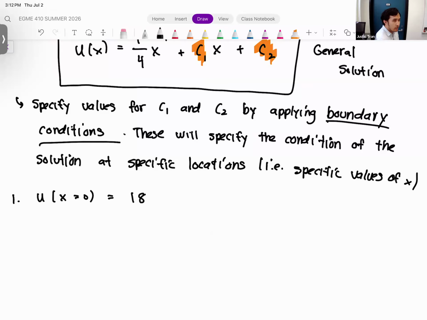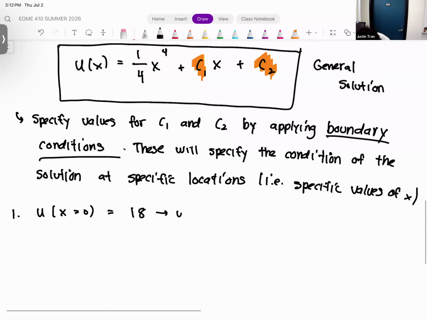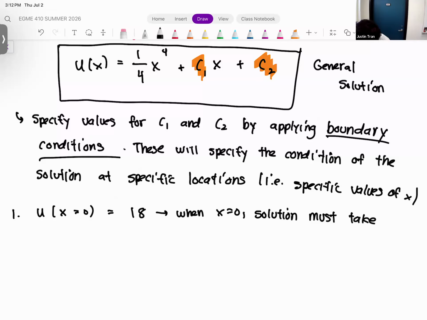In other words, the way we can interpret this is that when x is equal to 0, our solution must take the value of 18. That's what that statement says.